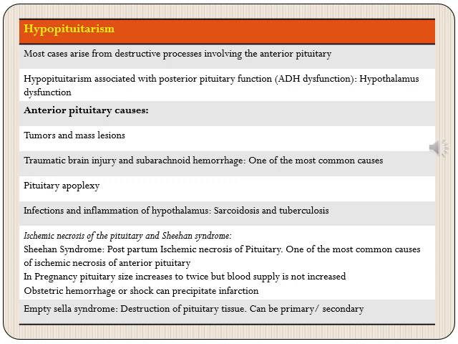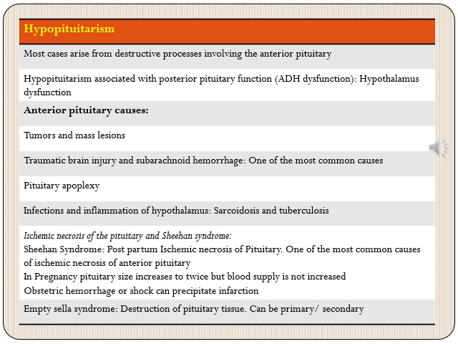So the pituitary tissue is already in a state of relative hypoxia. If a compounding condition like obstetric hemorrhage or shock happens in these patients, it further aggravates the already present hypoxia and precipitates infarction of the pituitary tissue, leading to hypopituitarism.